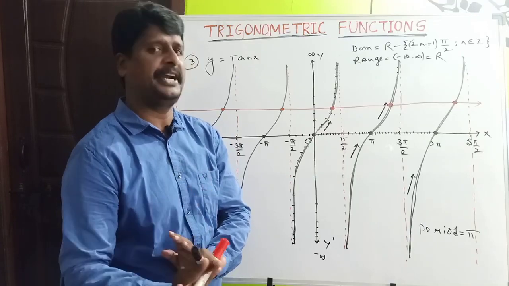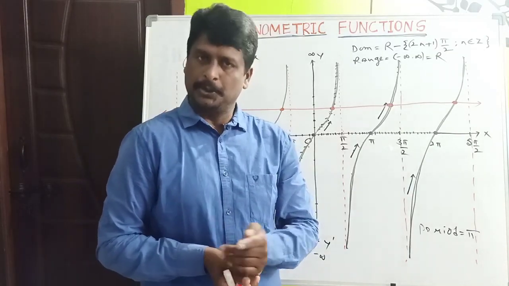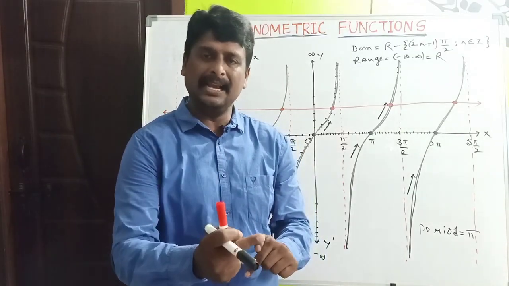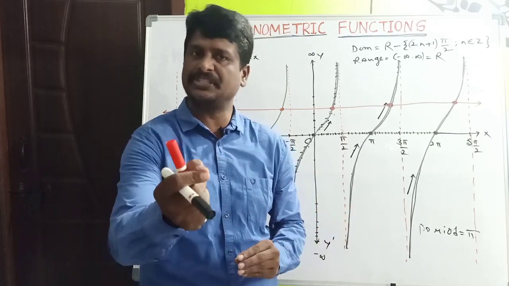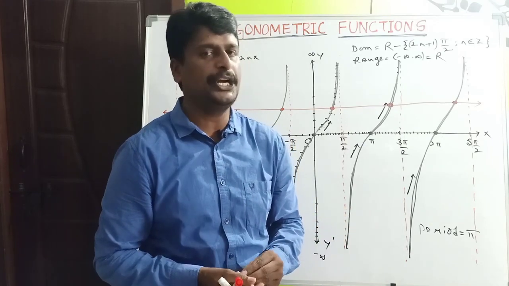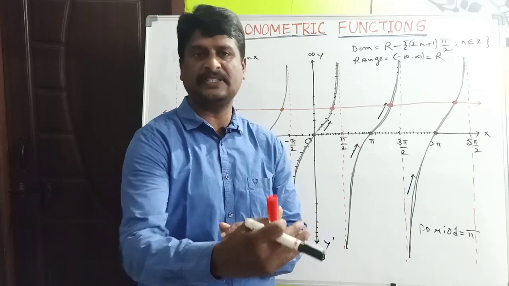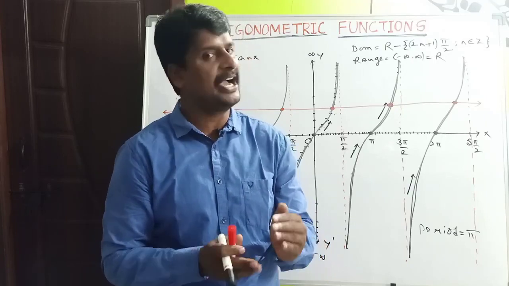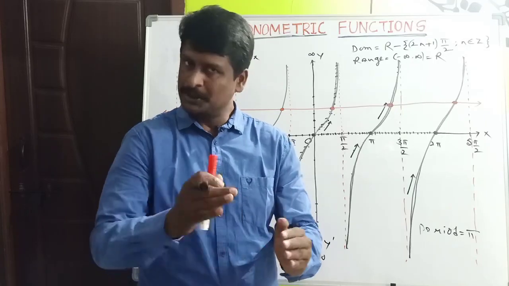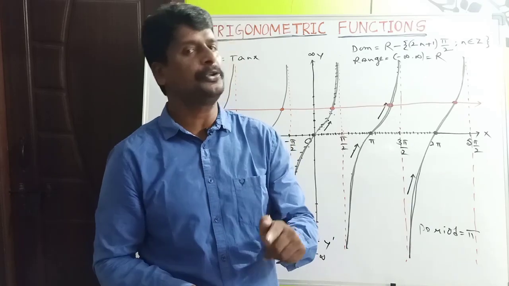Very simple to identify. So tan 45 degrees is equal to 1. To get another angle where tan gives 1, it is very easy, just add its period to the basic angle 45 degrees. 45 degrees plus 180 degrees is 225. The value of tan 225 degrees is also equal to 1. To get one more angle, just add 180 to 225 degrees.